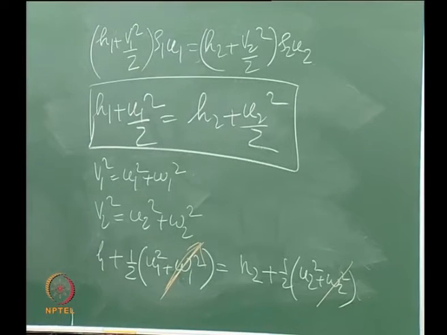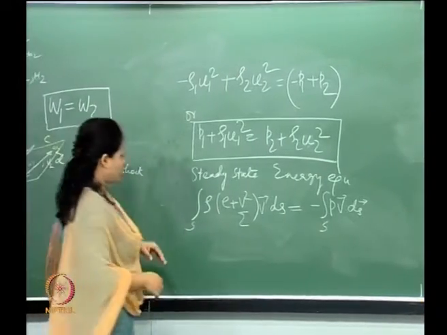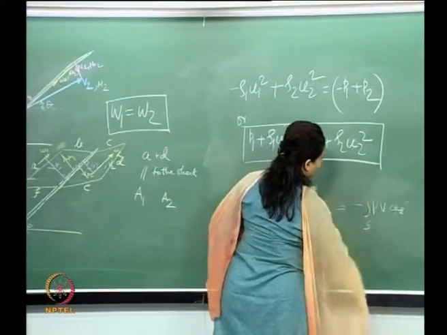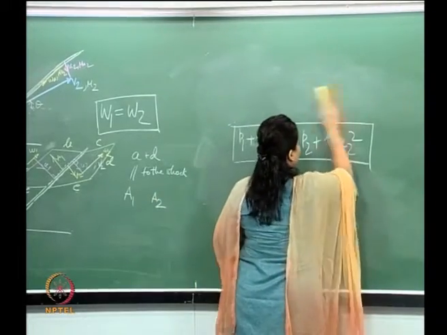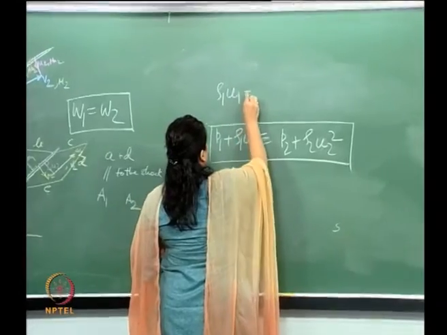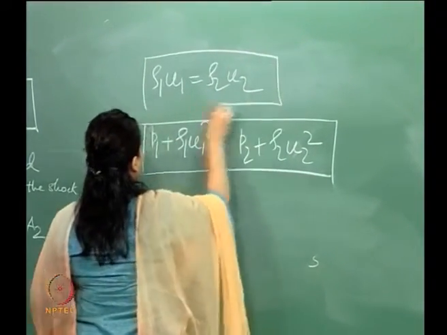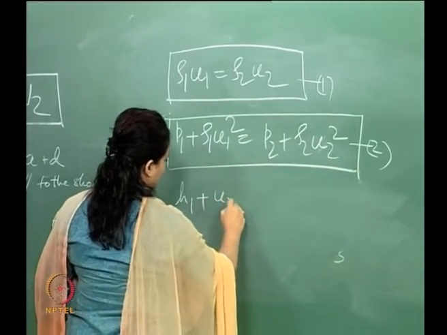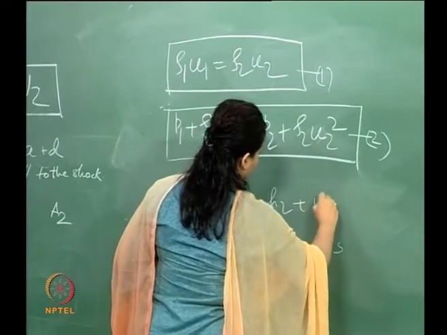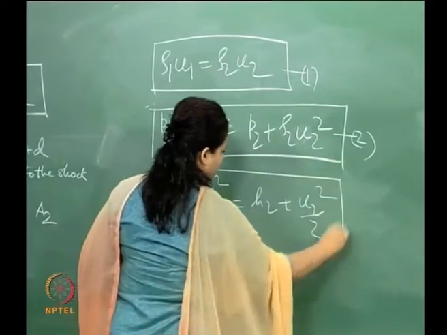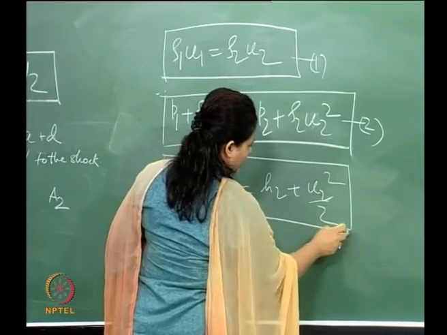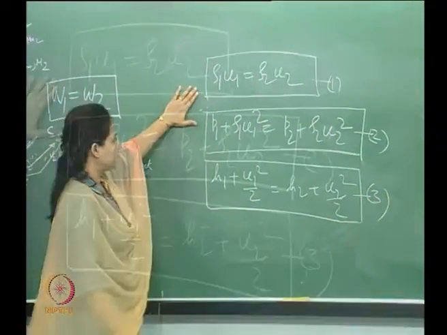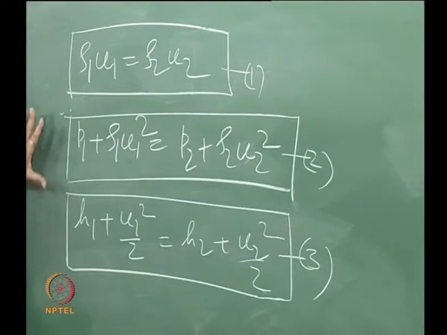Finally, let us summarize this. This is my continuity, this is my momentum, and this is my energy equation, which is exact for an oblique shock.